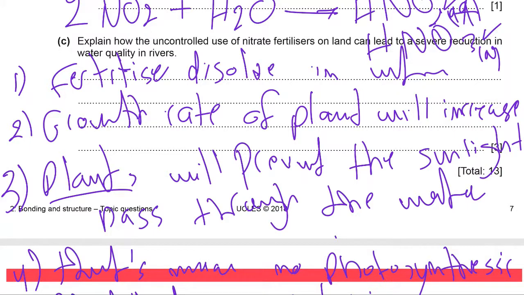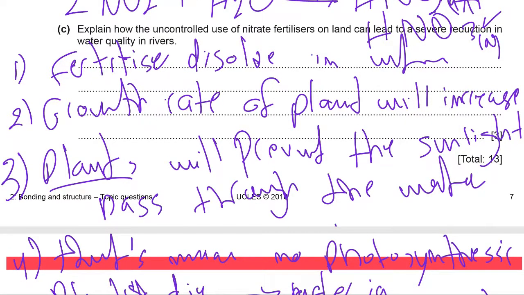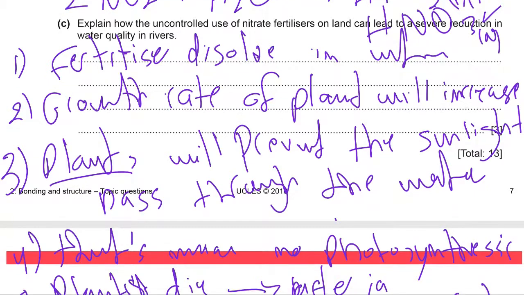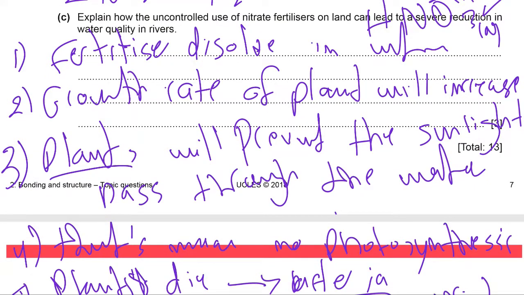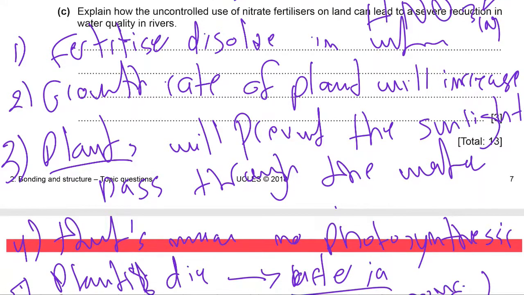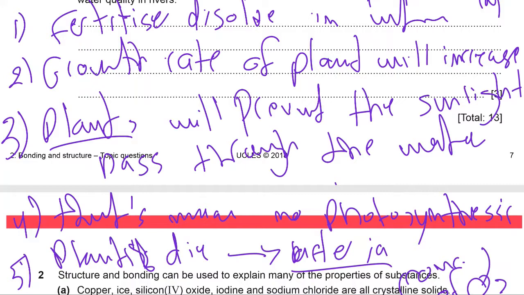When the fertilizer dissolves in water, the growth rate of plants will increase. So the plants will be very tall, and the river will be full of plants, so they will prevent the sunlight from passing through the water. So the plants which have their roots in the water will not be able to do photosynthesis. Without photosynthesis, the plants will die.